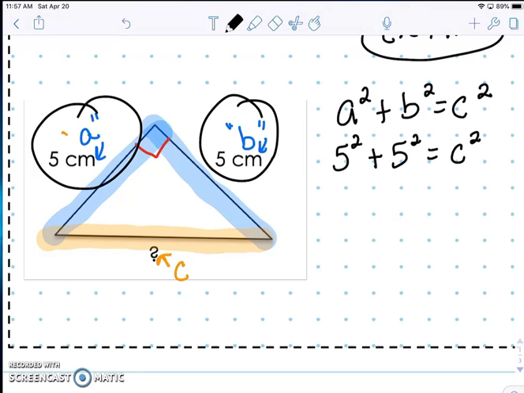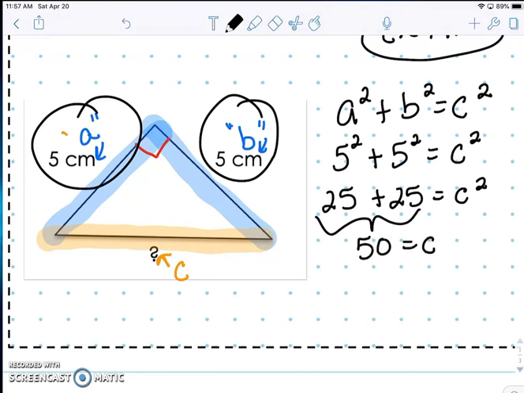5 squared does not equal 10. I'm not doing 5 times 2. 5 squared means 5 times 5. So 5 times 5 is 25, plus 5 squared again, 25, equals c squared. Now I'm going to go ahead and add 25 plus 25 equals 50, equals c squared.